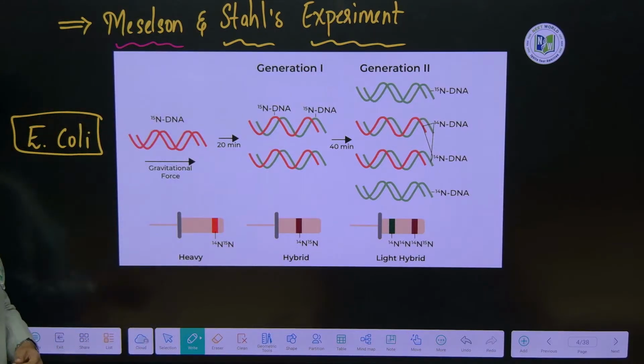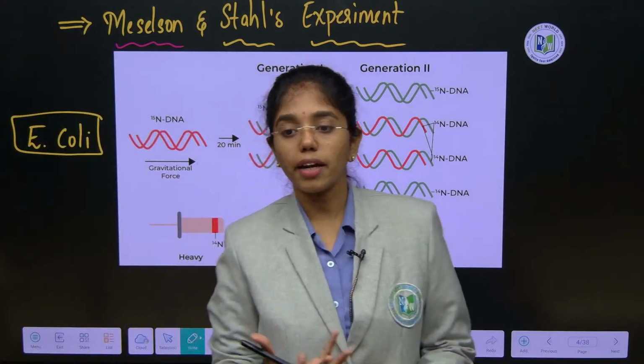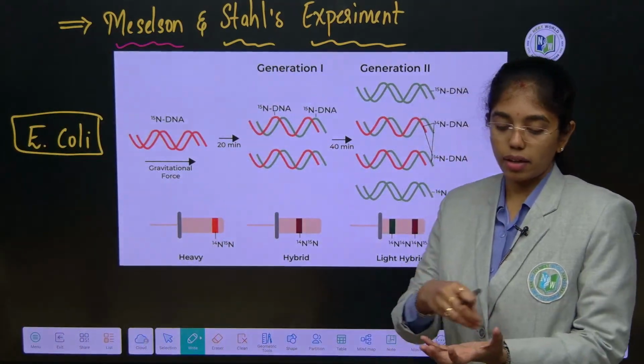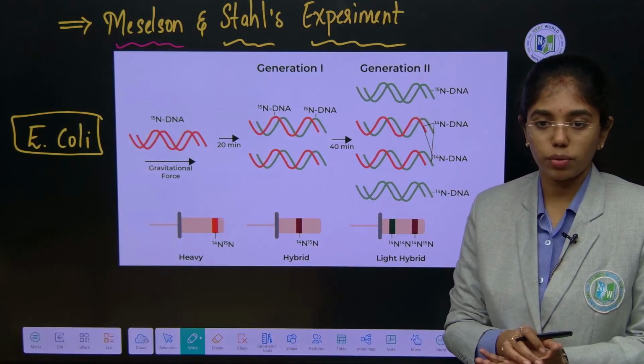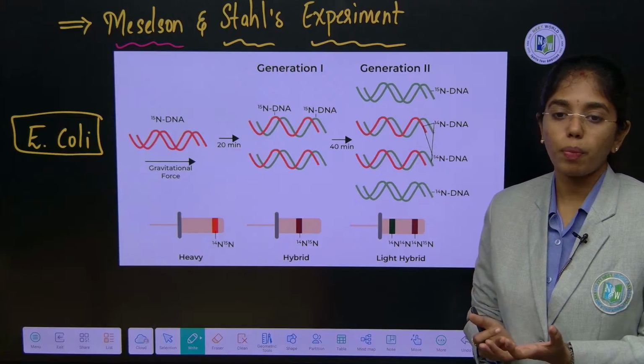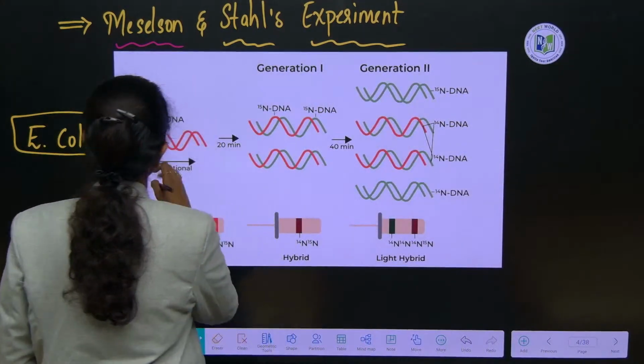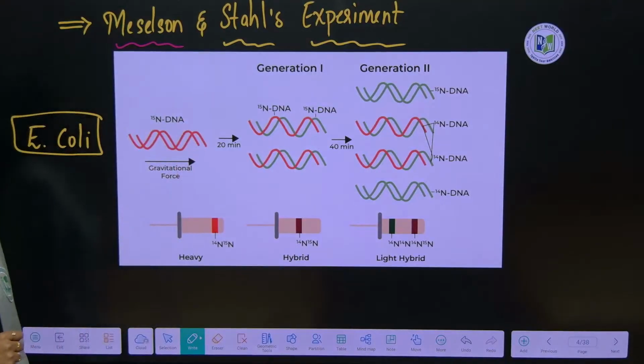So when this E. coli is kept in a high nitrogen nutrient medium, that nutrient is having what? Heavy isotope of N15. So that nitrogen is impregnated into the DNA of the E. coli cells.